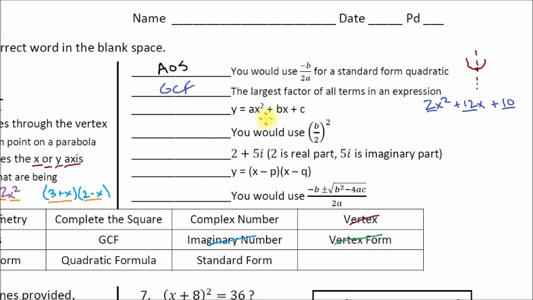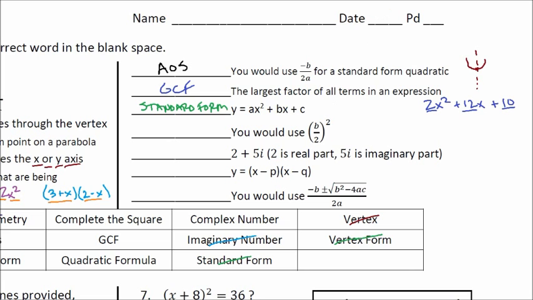Okay, next one, y equals ax squared plus bx plus c. Hopefully you are seeing, class, that is standard form. That's a standard form quadratic. Okay, using b over 2 squared. Now that is what we use to find the number to complete the square.